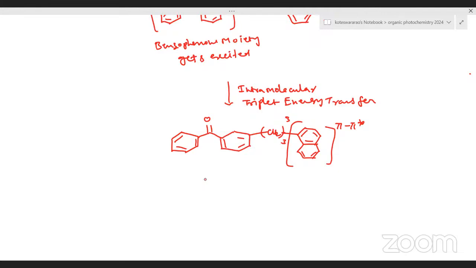Then it leads to the formation of the pi to pi star naphthalene excited state. Then it undergoes further reaction. Okay. This is about intramolecular triplet energy transfer. We also call it intramolecular photosensitization, or intramolecular triplet energy transfer.